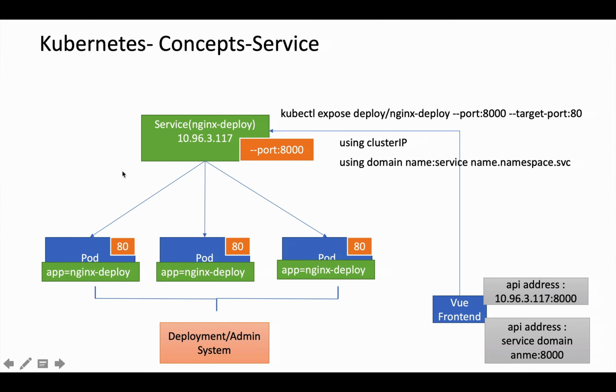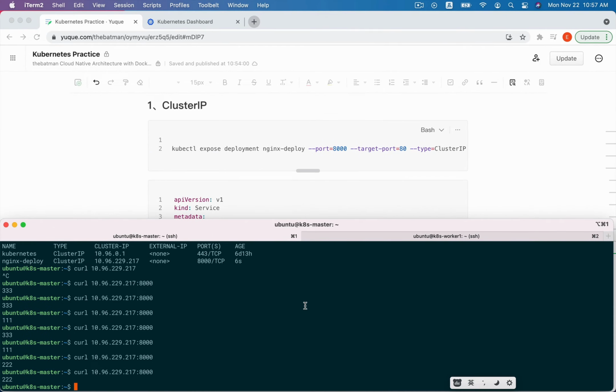The first way is to use the IP address, but we can also use the domain name. The format of the domain name includes three parts. First is the service name, the second part is the namespace, and the third is the svc shorthand. So we need to find the svc name. We can use kubectl get svc.